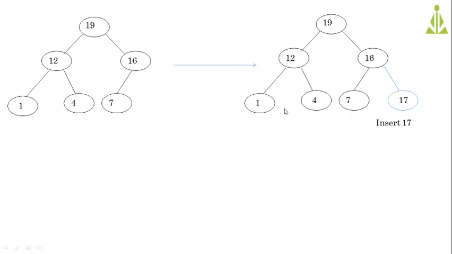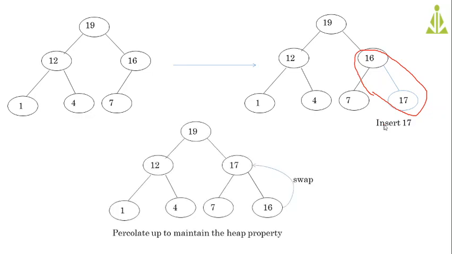Whenever we get a situation like this, at that time you must swap the data, and this is swap and percolate up to maintain the heap property. To maintain the heap property, we need to move up.